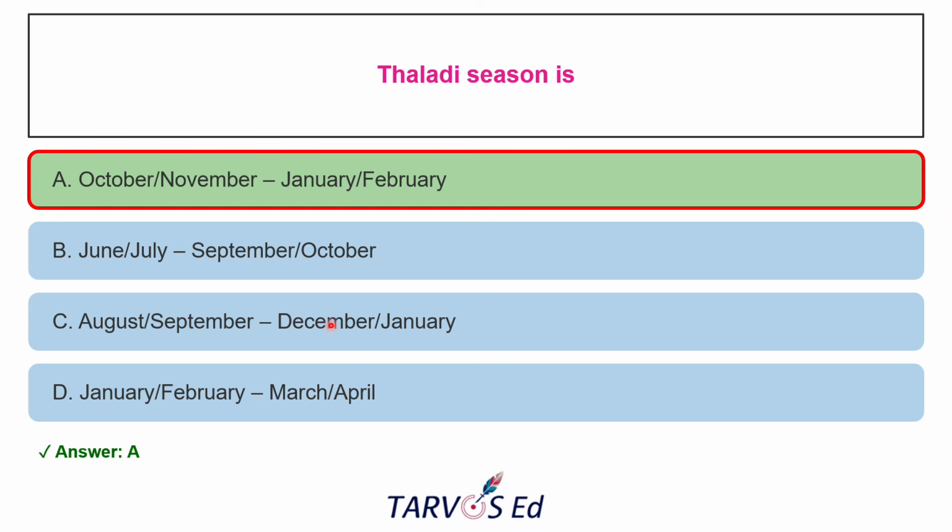And the premium Seeraga Samba can also be cultivated during this season. That is Samba season, where the seeds are sown in August and harvested in January. So Thaladi is the middle term, which is October to January, around 120 days.